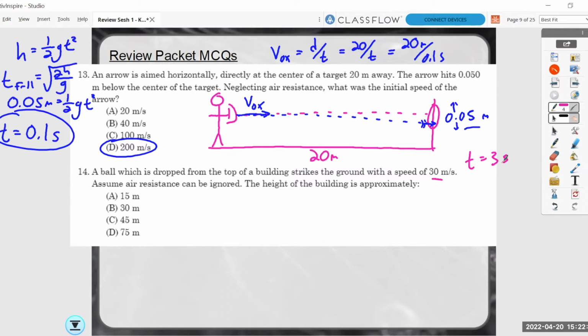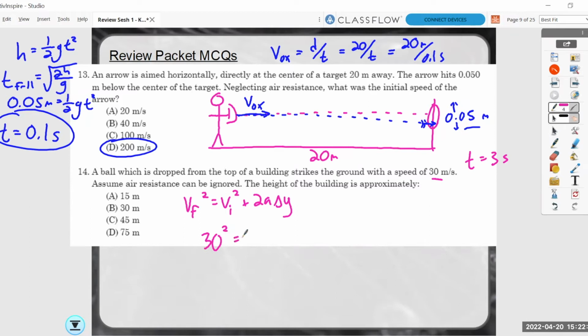You could also do it using our third kinematics equation. My v final squared equals my v initial squared plus 2 times my acceleration times my distance. My final velocity is 30 squared.